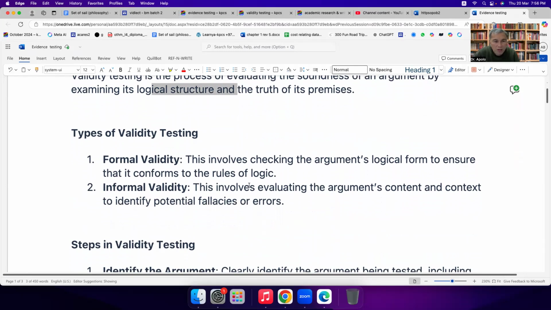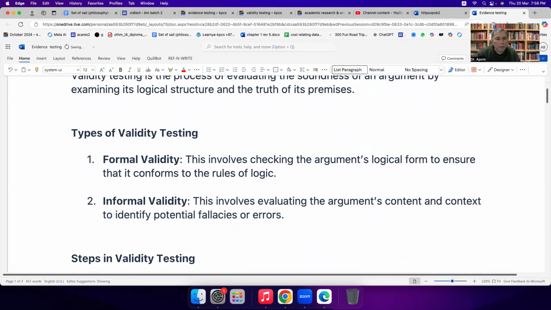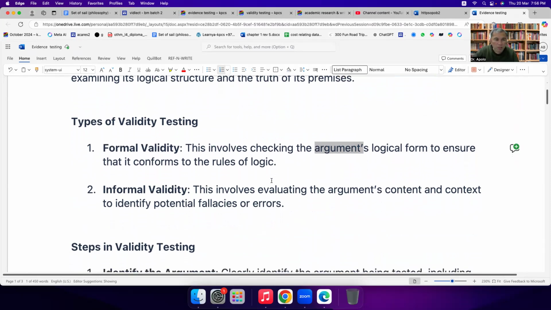Formal validity involves checking the arguments, the claims or conclusions made by somebody else. We check their veracity, correctness, and truthfulness, to ensure the logical form conforms with the rules of logic.